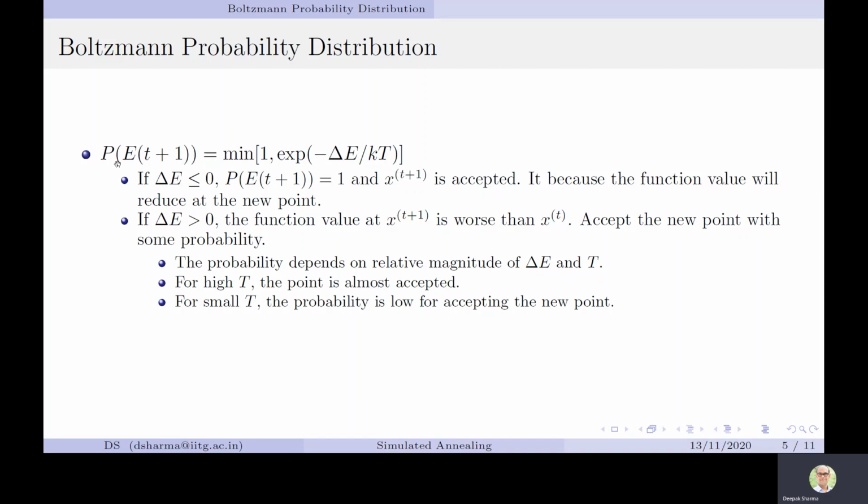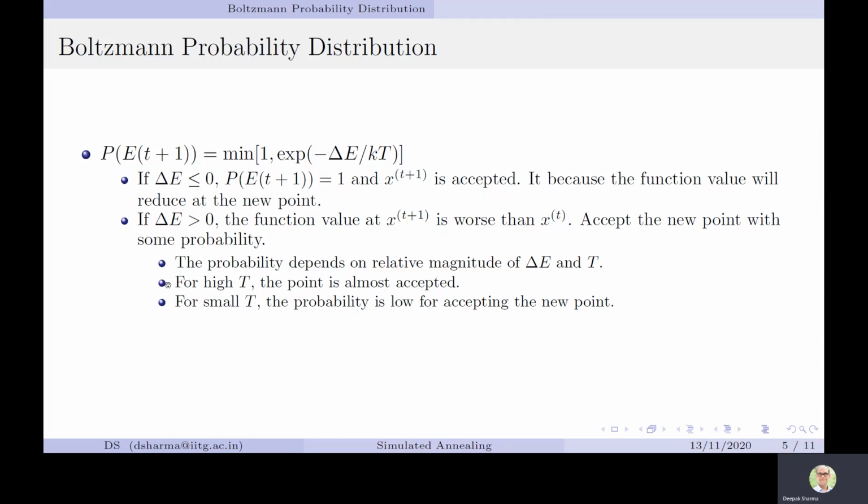Why? Because if you look at the equation on the top, P(t+1) is the minimum of 1 or the exponential term. In the exponential term, k is constant, so we have either delta E or t or both of them. Suppose I take a very high value of t, this means the probability is going to be 1, so we are going to accept that point.